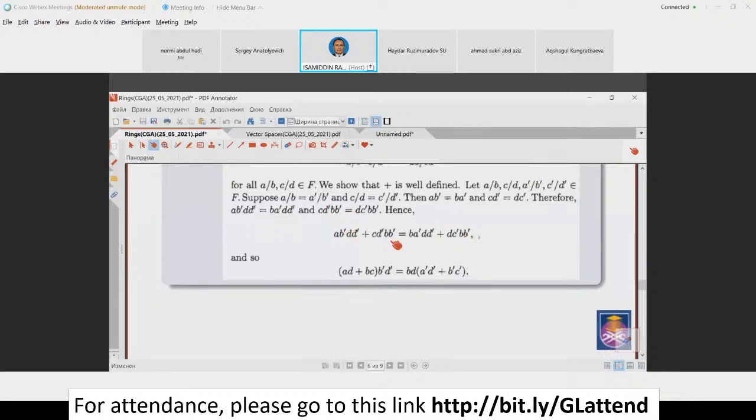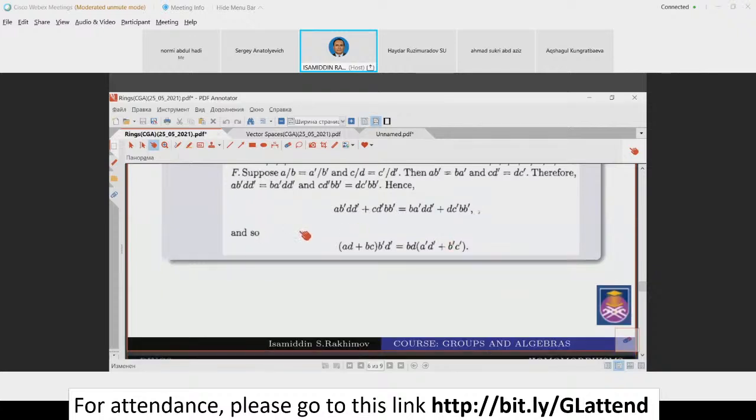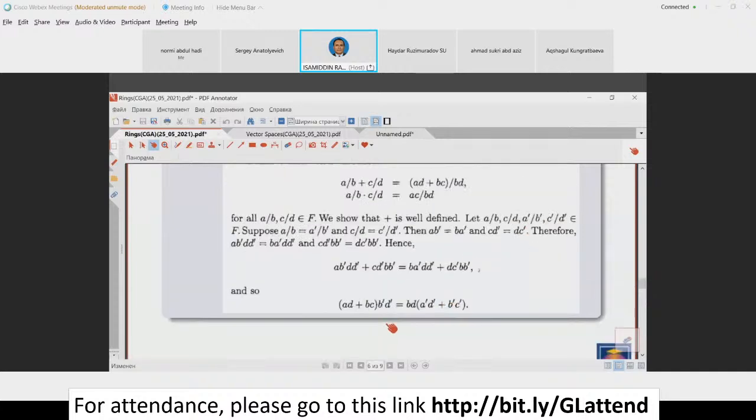Once you do it, you can factor out B prime D prime. So you are left with (AD plus BC) B prime D prime and BD (A prime D prime plus B prime C prime). That is exactly what this says. Then adding A prime over B prime plus C prime over D prime, you will get the same as this, because they are equivalent.